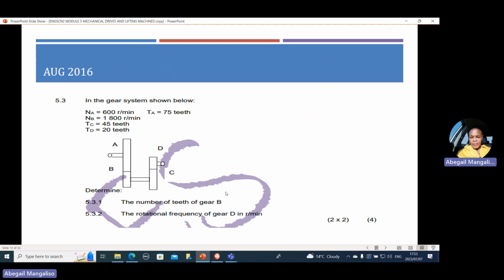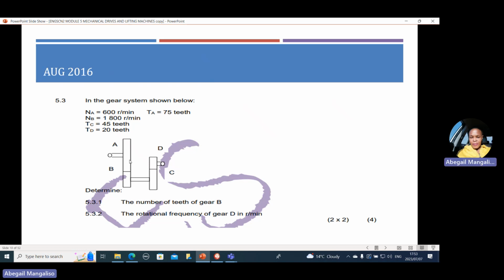Now let's look at the calculation. It says calculate the number of teeth of gear B. Gear B meshes with A, so the formula that will be given in the exam only applies to gears that are in mesh.